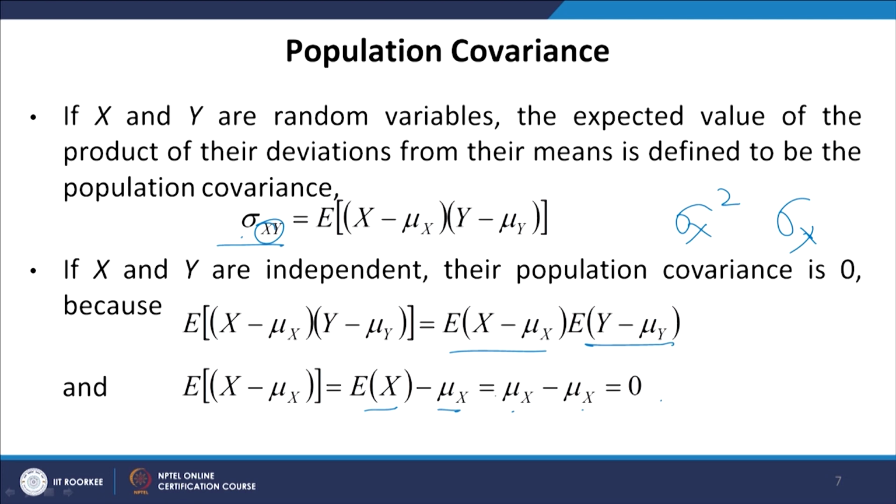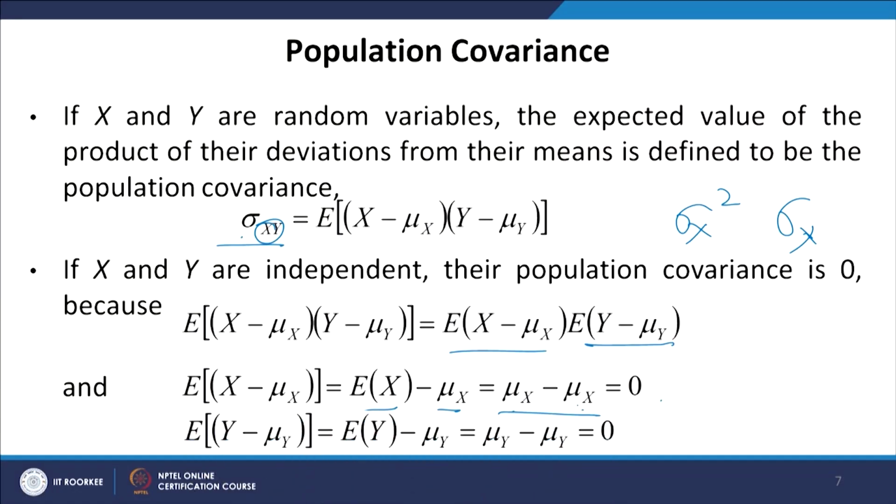Expected value of mu x is actually mu x. As I had earlier also told that mu x is a number, a constant. So, expected value of mu x is mu x itself. So, mu x minus mu x is 0. Similarly, we will also have expected value of y minus mu y is 0, and that is how this becomes actually multiplication of two zeros, and this becomes 0. So, if x and y are independent, their population covariance is 0.